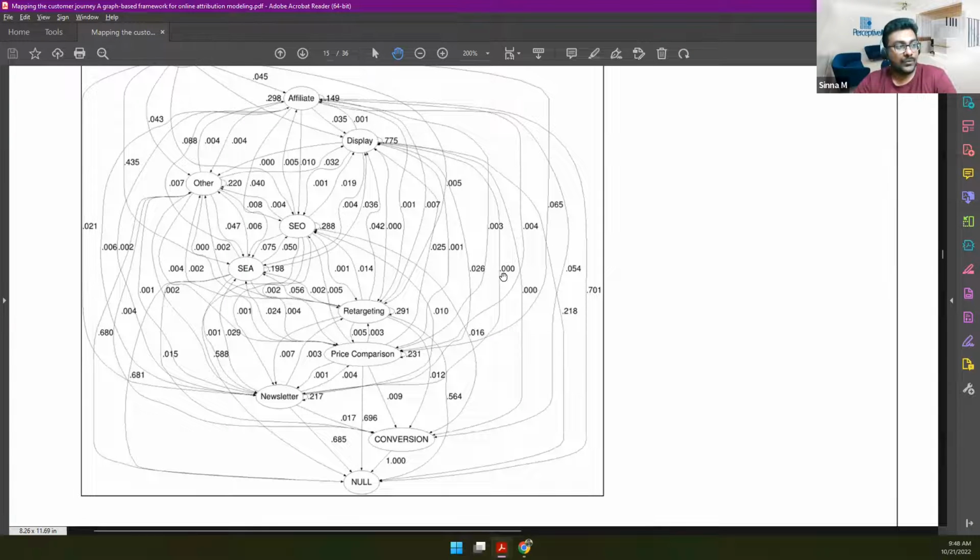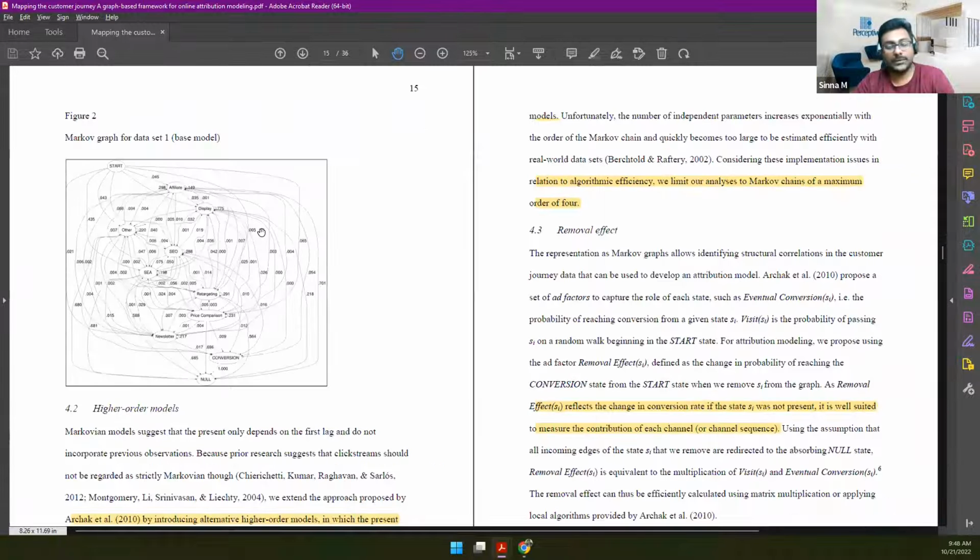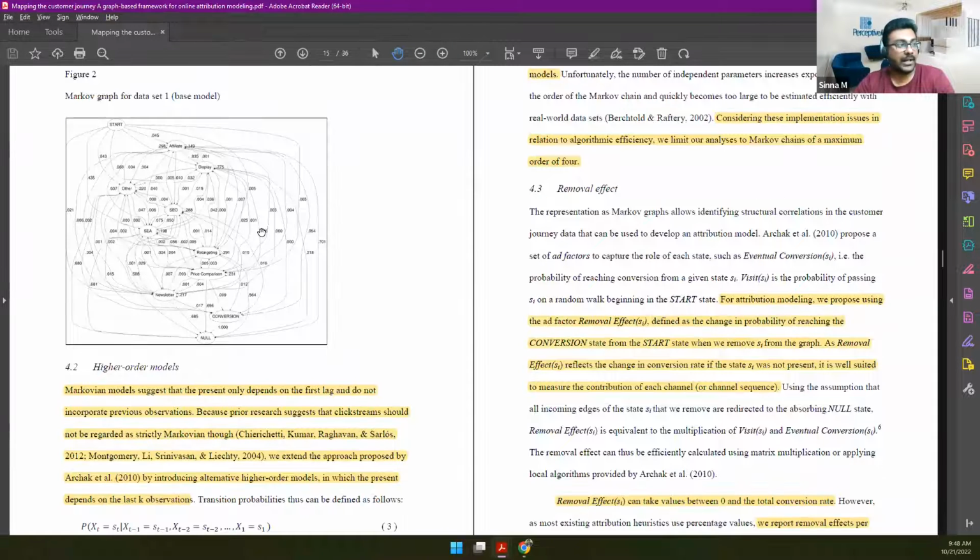Now they want to try out higher order Markov chains and see how those perform for the same problem, which is marketing attribution. What is the difference between a single order Markov chain and a higher order Markov chain? A higher order Markov chain can remember multiple previous states. A second order chain will remember the past two states.